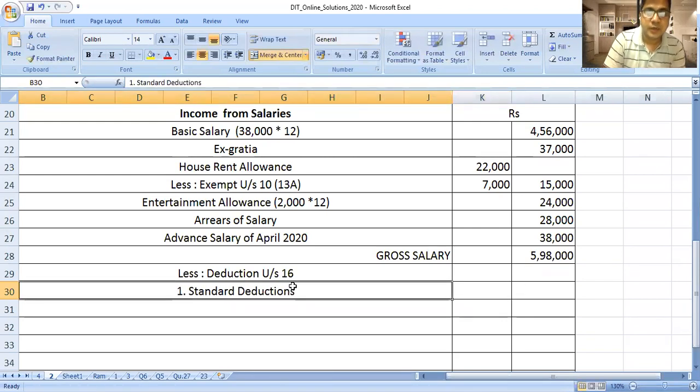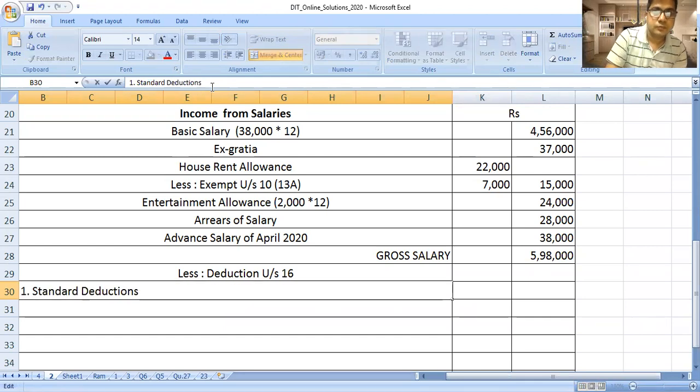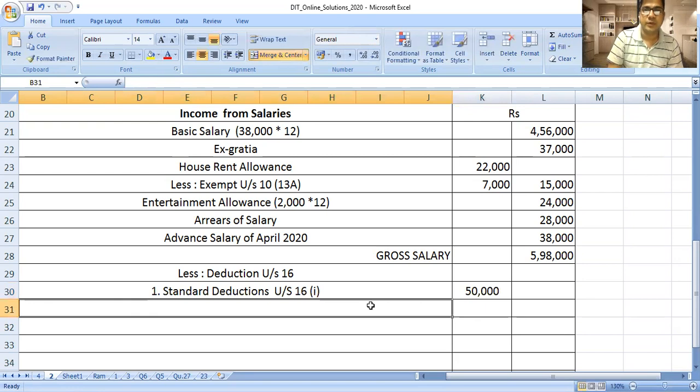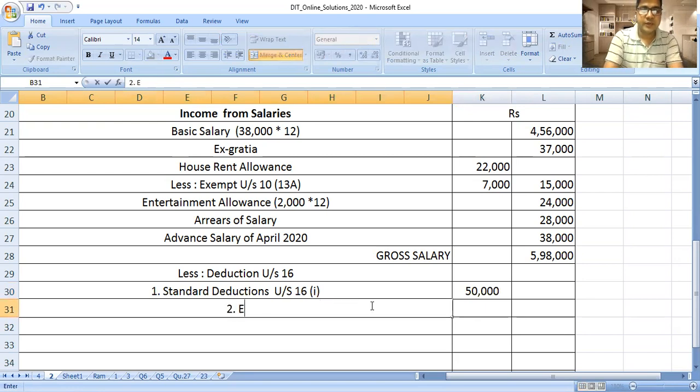We know that under section 16 subsection 1, it is up to 50,000, but we have to assume that we have this standard deduction. Then the second deduction, entertainment allowance under section 16 subsection 2.